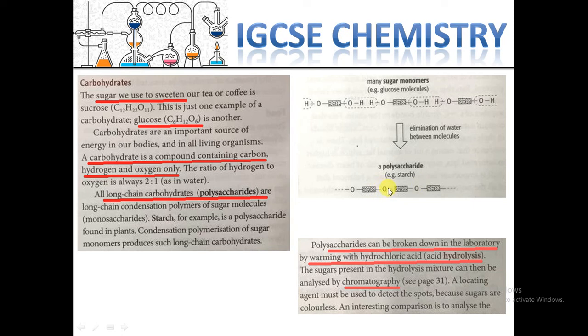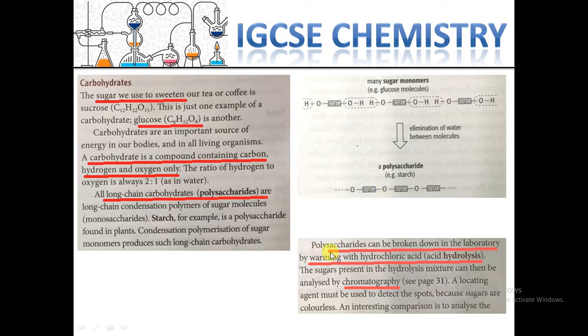The link between the monomers is oxygen. Just for your information, this is an ether link. The type of link is ether. That means two sides are connected to each other by one oxygen.